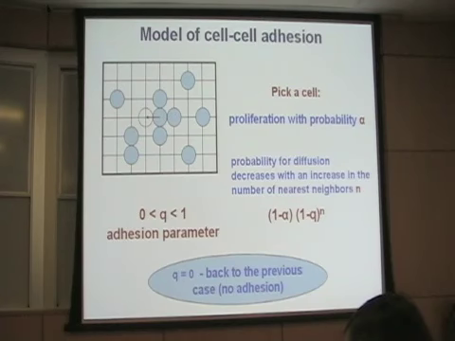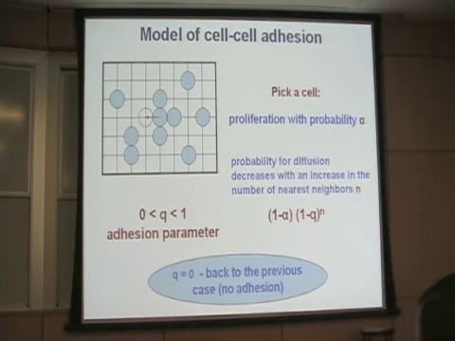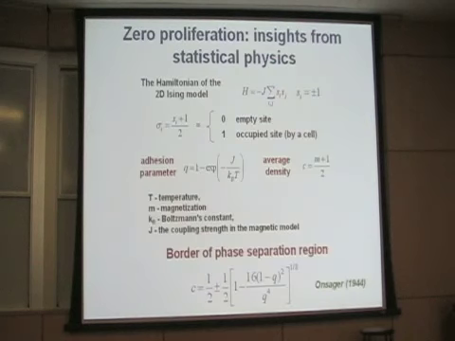Now, quite amazingly, this model in some cases can be mapped into the Ising model in statistical mechanics. Let us, for a moment, turn off proliferation. Yes, proliferation is small, it is there, but it is small. If we turn it off, then the mapping goes as follows.